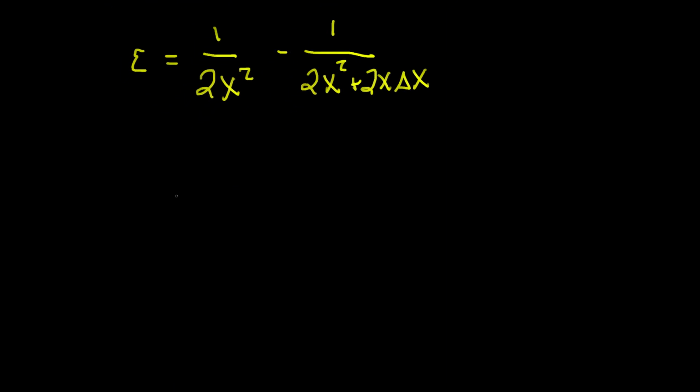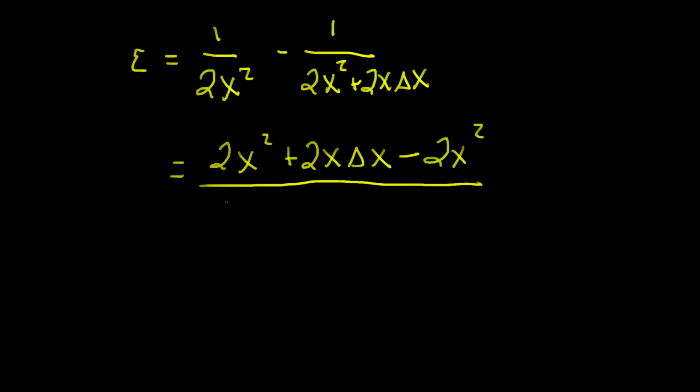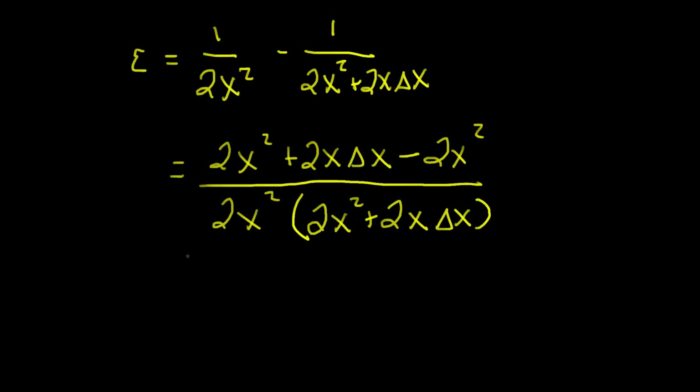this into one fraction. So epsilon is equal to 2x squared plus 2x delta x minus 2x squared, all divided by 2x squared times 2x squared plus 2x delta x, canceling out like we need to here.